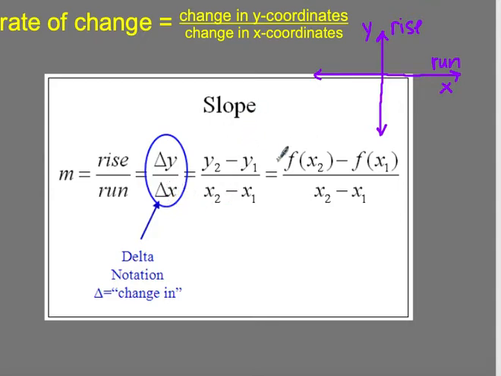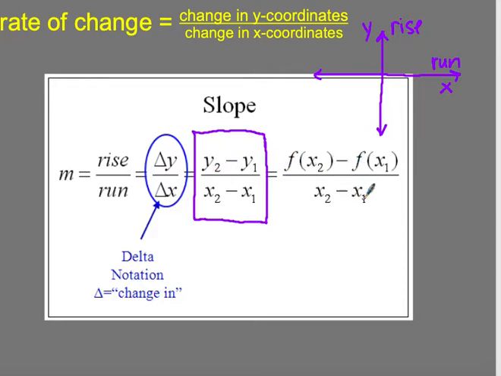All right, now this is the formula that's going to look familiar to you because this is how you calculated slope in Algebra 1, where you actually subtract the difference between your two y values and then divide that by subtracting the difference of the x values. When we get into function notation, it just replaces those y's with our f of x's.